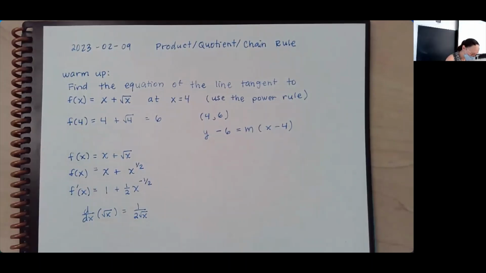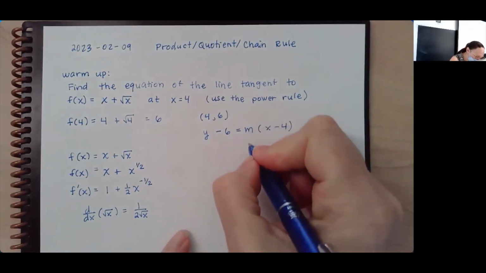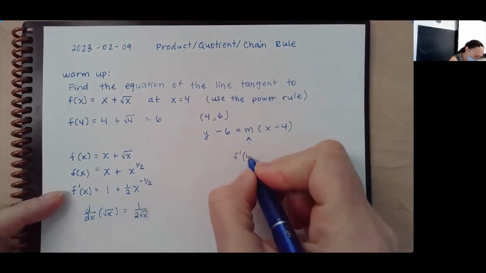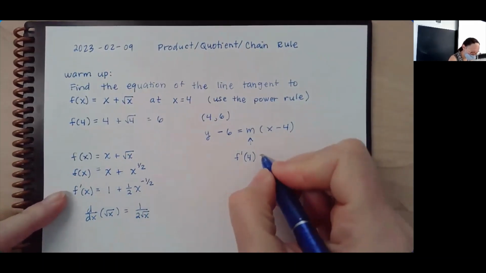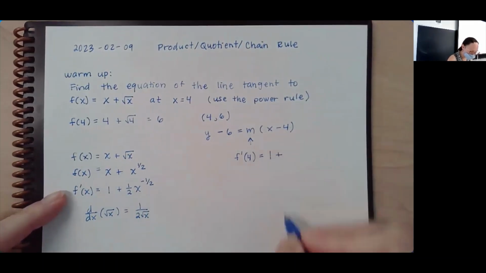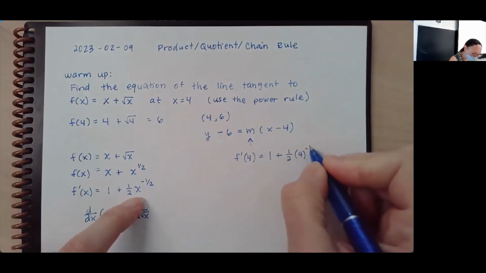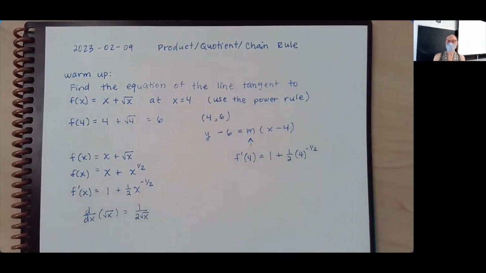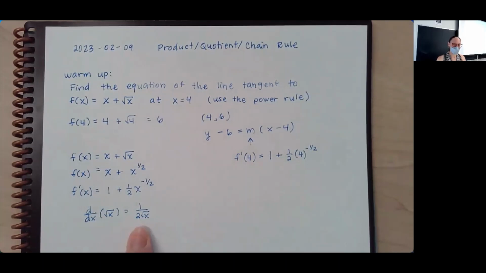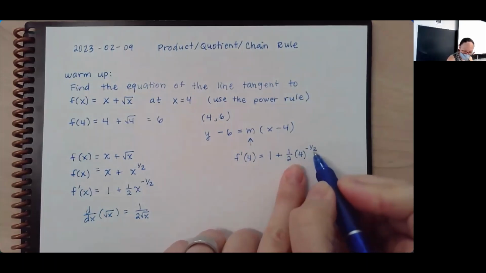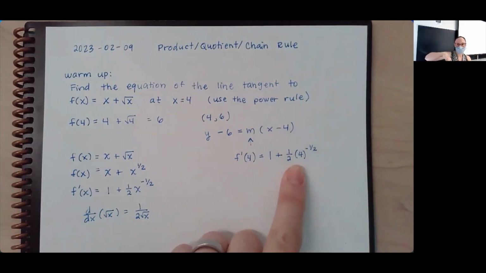So in terms of getting that slope, I need to take f prime and plug in 4 for x. So I'm looking at 1 plus, and if I leave it in this notation, that's fine, 1/2 of 4 to the negative 1/2. But in order to evaluate that, I probably want to be thinking about it as 1 over 2 square root x. Because 4 to the negative 1/2 says, okay, the negative says put it at the bottom of the fraction, and the 1/2 power says take the square root.